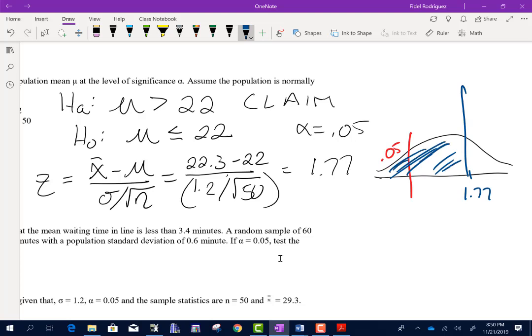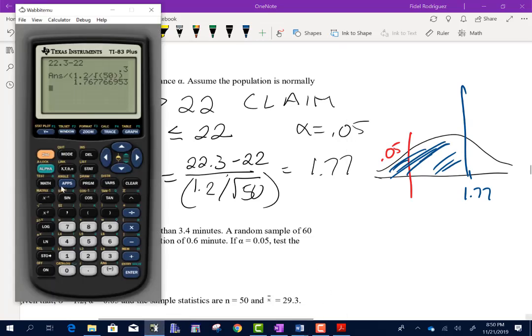If I want to find the area over there, wouldn't I go second VARS, normal CDF? If I'm going to go all the way to 1.77, what's the first number I should enter, all the way over here? Anybody remember? Yeah, negative all the 9s. So we're going to go negative, a bunch of 9s, and then comma, 1.77.